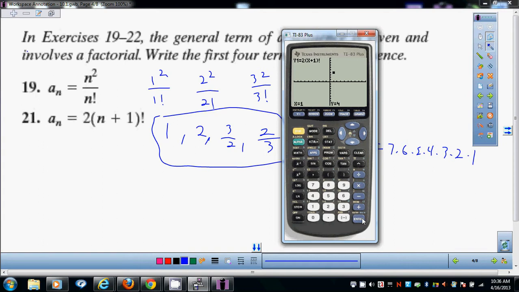Okay. For whatever reason, it's not showing up, but it's there. So your first term should have been 4. Your second term should have been 12. What did you get for the third term? Let me see if that's what I got. And the fourth term? That's what I got.